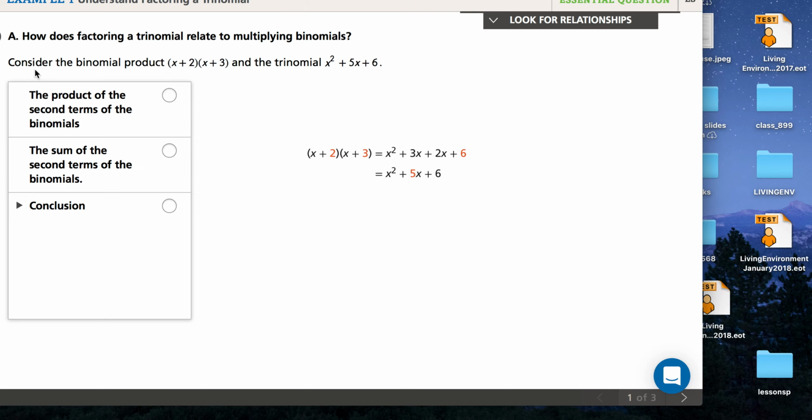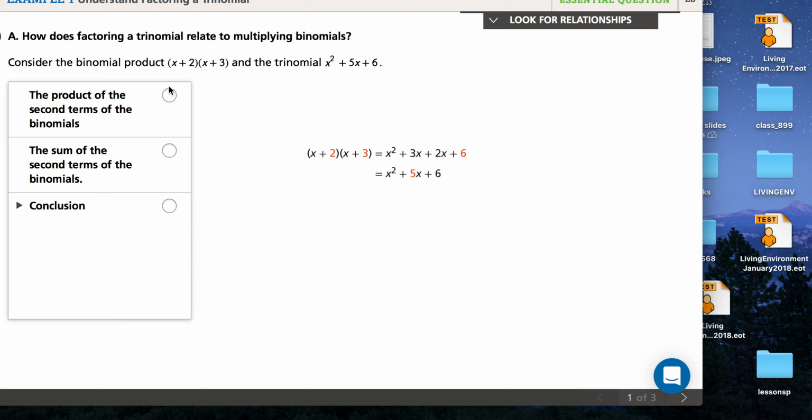Let's take a look at the solution. Consider the binomial product x plus 2 times x plus 3 and the trinomial x squared plus 5x plus 6. As you see here clearly, b is positive and c is also positive.